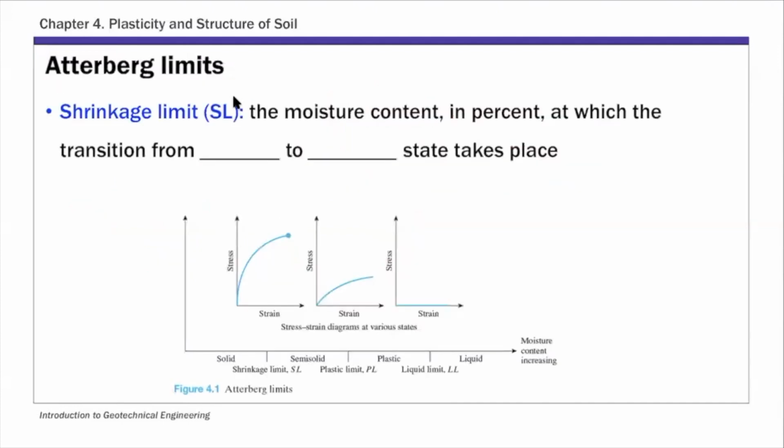So the first one of the Atterberg limits, as I mentioned, is the shrinkage limit. And the shrinkage limit is a moisture content. So this is very important here. All the Atterberg limits are water contents. Okay, so if you see a number like 20, 30, 50, you need to understand these refer to moisture content at which clay changes behavior. So this is the water content in percent at which the transition from solid to semi-solid state takes place.